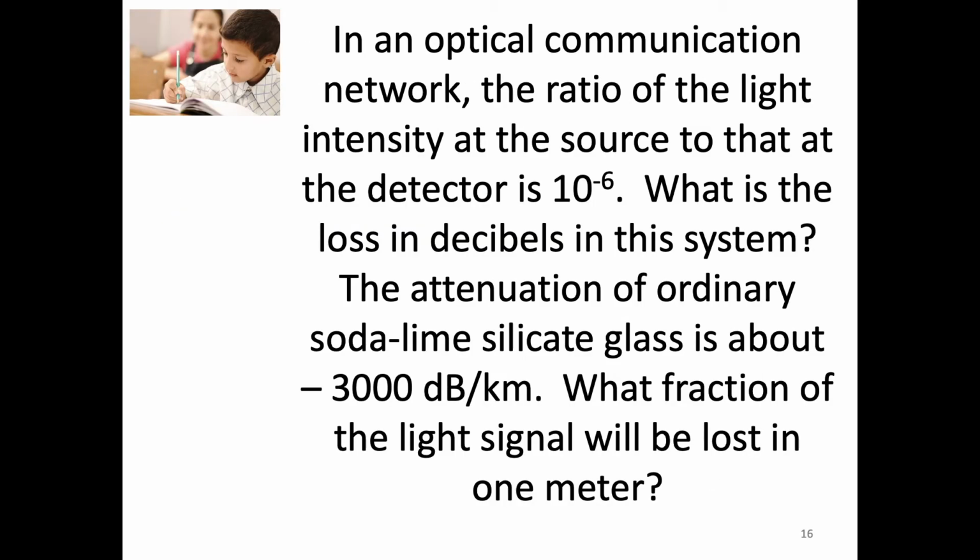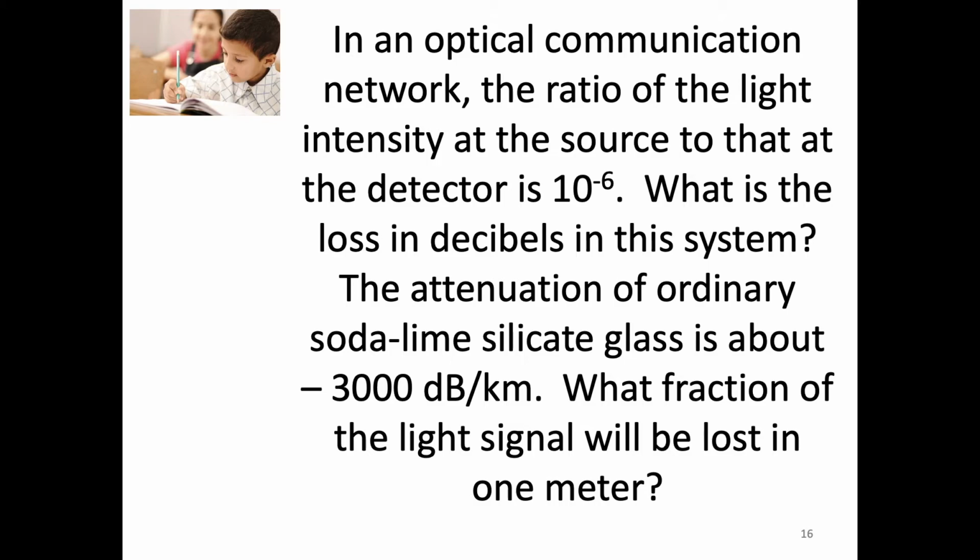All right, we've been talking about these attenuations, these losses, and so I'm going to have you look at an example of this and see what these numbers kind of mean. Imagine we have an optical communication network, and our ratio of the light intensity, so this is our loss, our ratio of the light intensity at the source and the detector is 10 to the minus 6. So what I want you to do is take that and see if you can calculate the losses in decibels in this system.